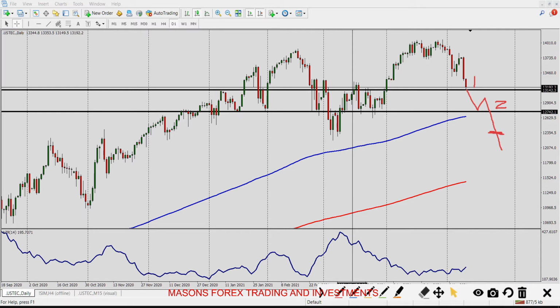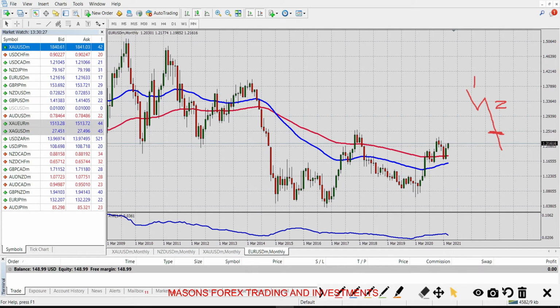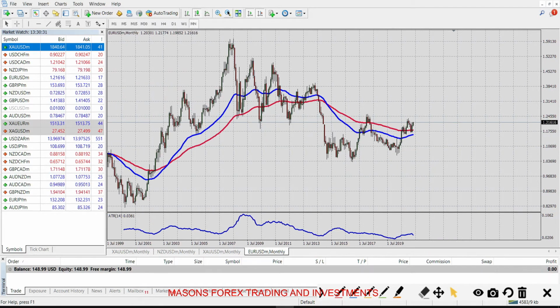Now I want to look at currencies. Okay, so this is Euro USD and it's the monthly chart.